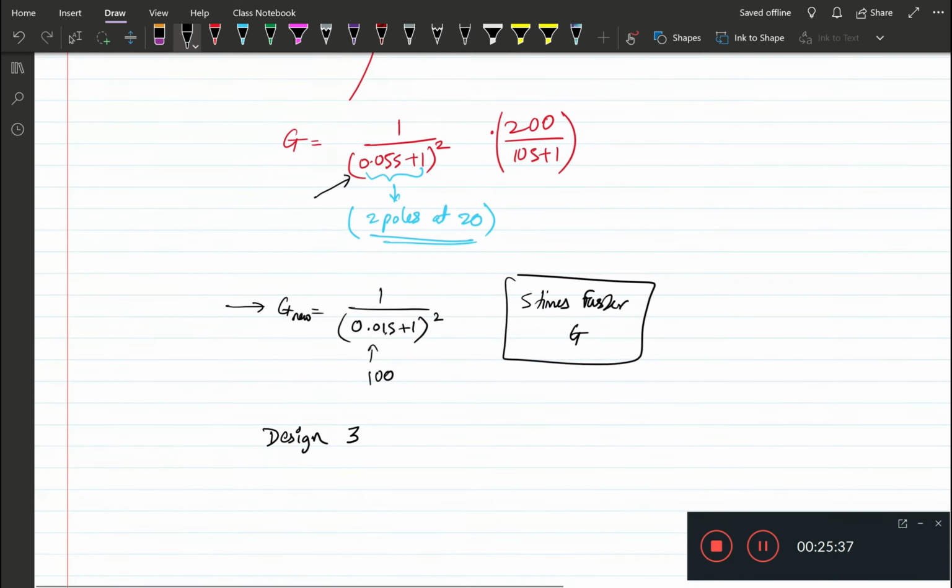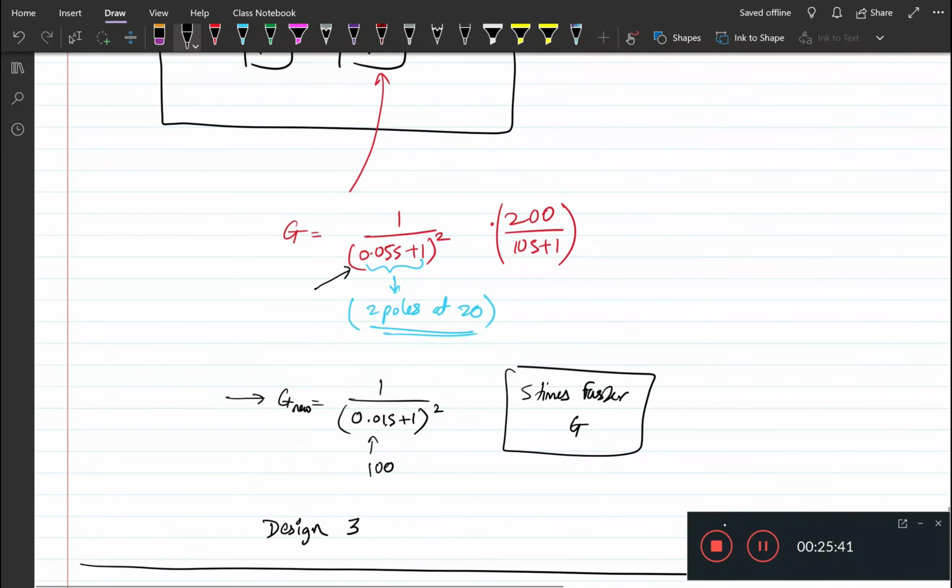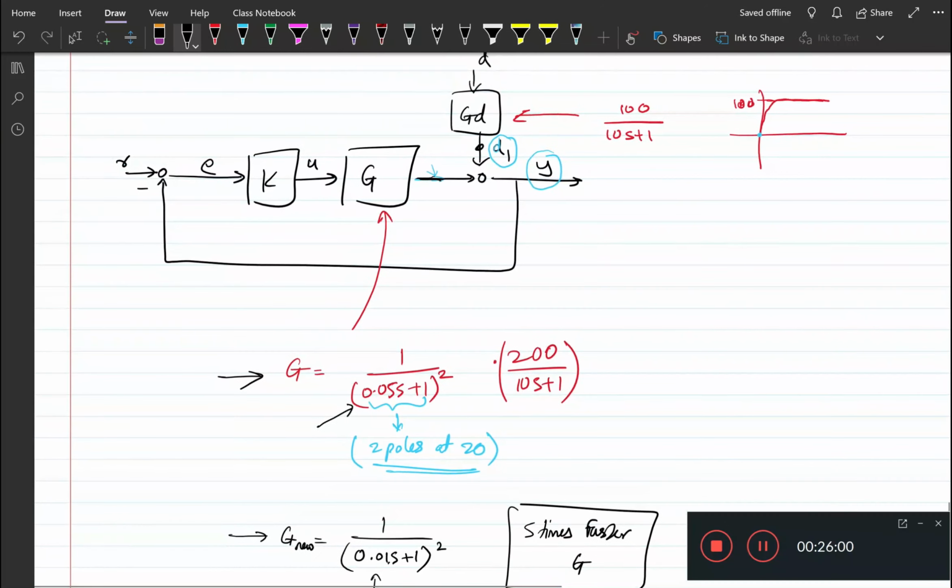It remains still to be seen if it is at all possible for the original G to find a controller that satisfies all constraints, and I'd like to really encourage all of you to try your best to find the tuning knobs WS, WK, VR and VD, so that you can find a controller K that does the job.